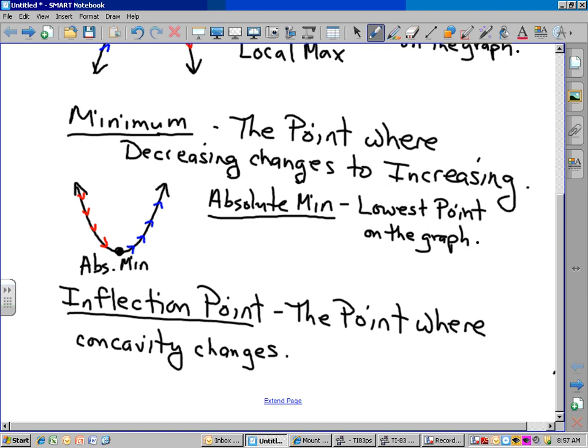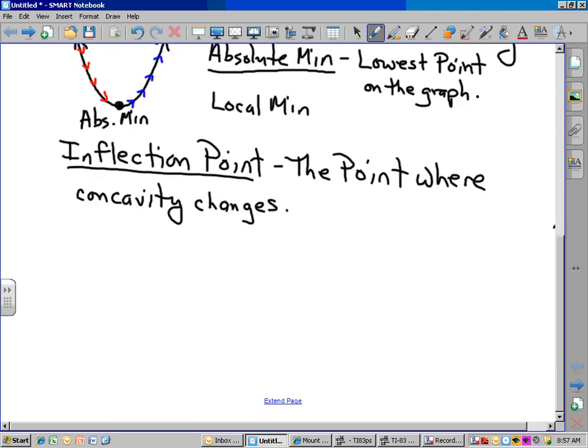Nothing else is lower. And then all others are considered local or relative minimums. There are other points that are lower than that min, but it's a local one. And you'll see in an example here, if we have like a cubic or some higher power that would cause more than one min to occur or more than one max to occur, you'll see what a local max or min looks like. And the last critical point is called an inflection point.